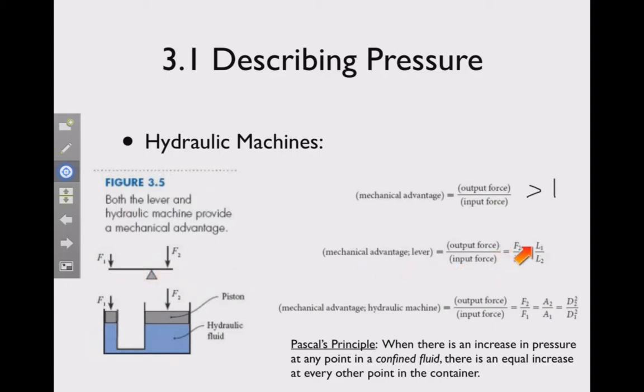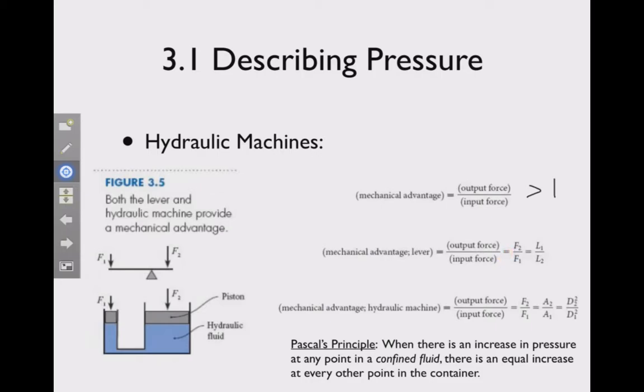This is just equal to L1 over L2, where L1 is the total length of the rod, and L2 is the length from this pivot point out to the end of the rod where F2 is applied. As long as L1 is greater than L2, our mechanical advantage is greater than 1, and then F2 will have an advantage.